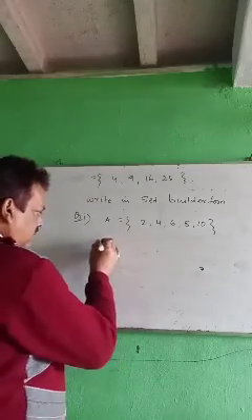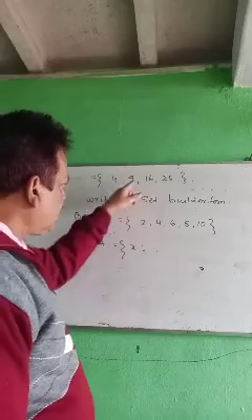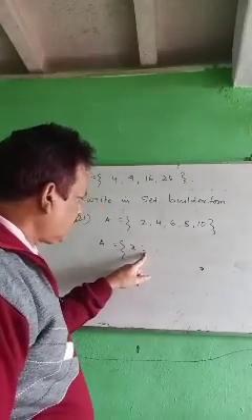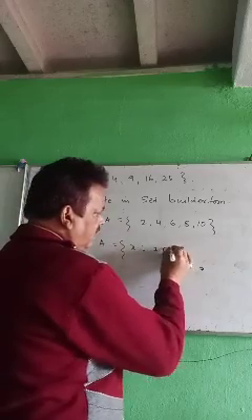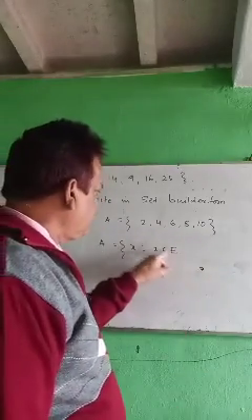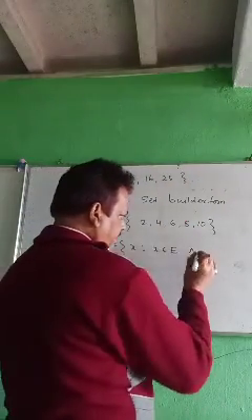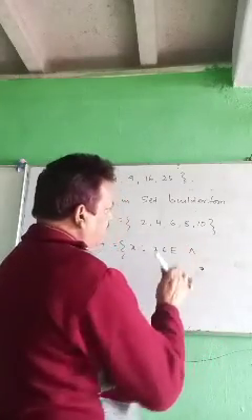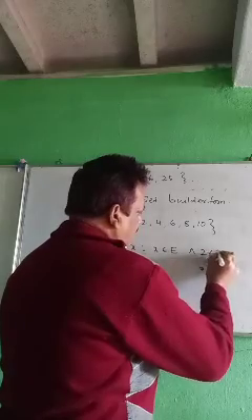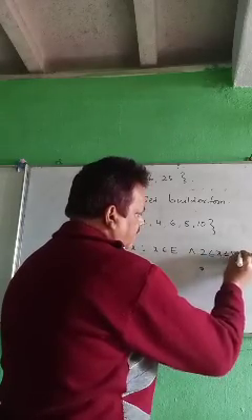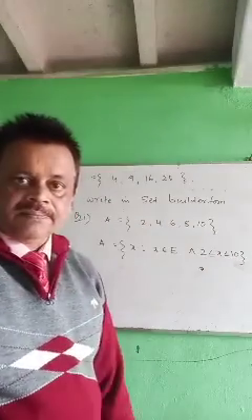So you can write A equals set of all x such that, because in set builder form you start like this, set of all x such that x belongs to E. What is E here? E means even numbers. And what are the even numbers you have taken here? 2 to 10. So you have to write here 2 less than or equal to x less than or equal to 10. All the even numbers from 2 to 10 you have taken here.